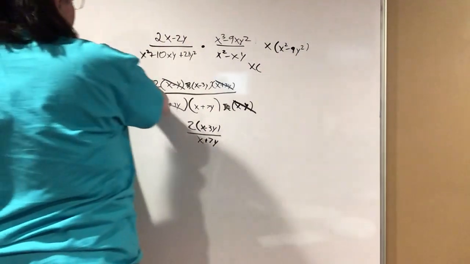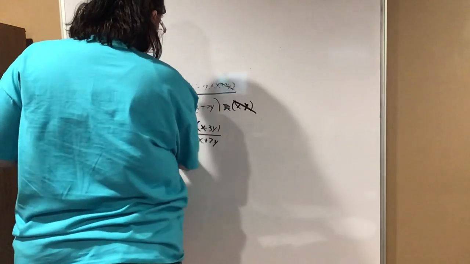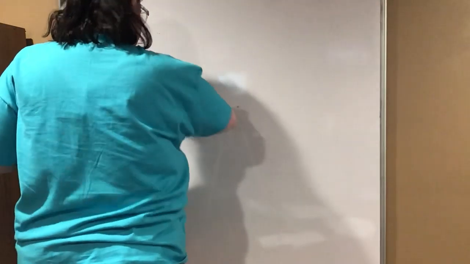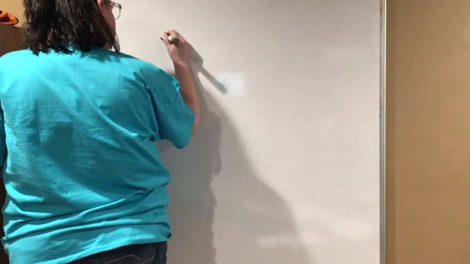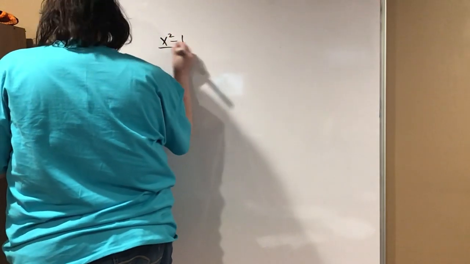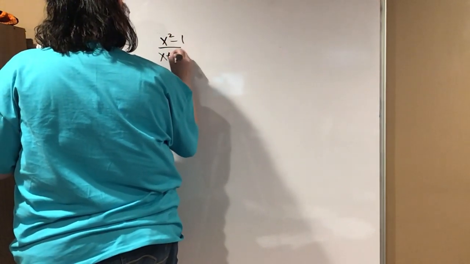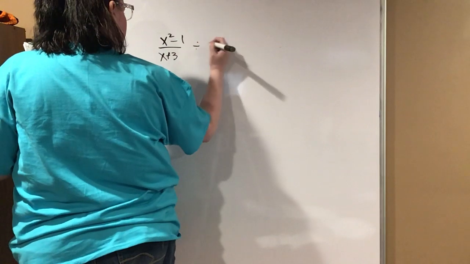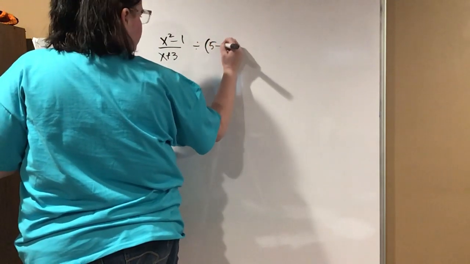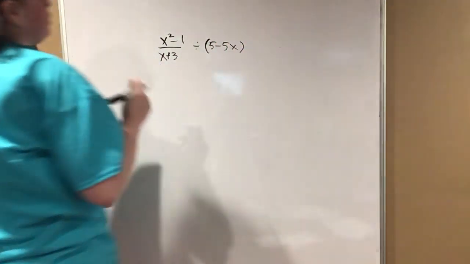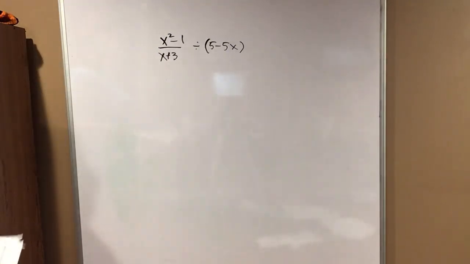So what if we're given a division one that looks like this? People always freak out when they see something like this. We have x squared minus 1 over x plus 3, divided by 5 minus 5x. Well, we're dividing by one thing, right?